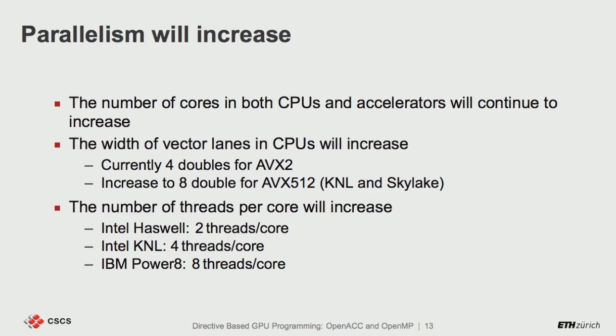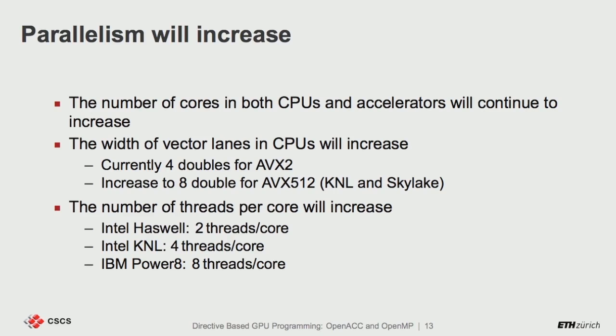What's the concept behind this? Basically, the resources of the core are shared among different threads. So when an instruction goes in, the core decides automatically which instructions are ready and schedules them to run. And you see that Haswell has 2 threads per core, KNL increases that to 4 threads, and IBM Power 8 goes to 8 threads per core.